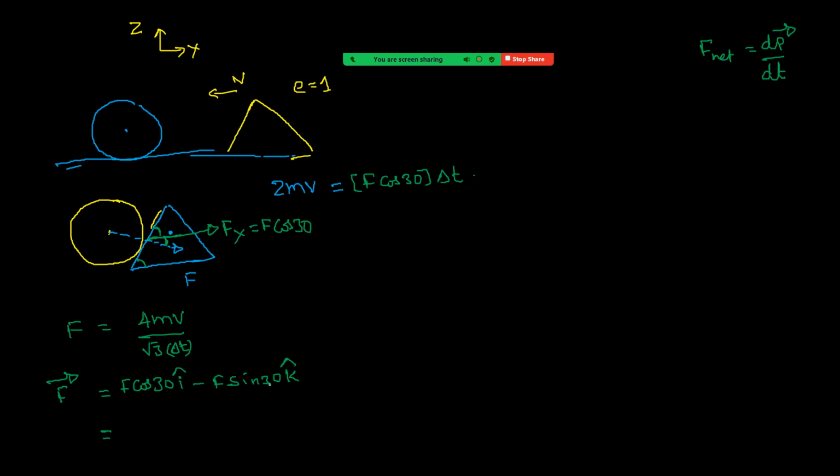This is root 3 by 2, this is 1 by 2. So I'm taking 1 by 2 outside, and this becomes 2mv upon root 3 delta t into root 3 i cap minus k cap. If you want the modulus value, that is 4mv by root 3 delta t. So this is now in vector form.